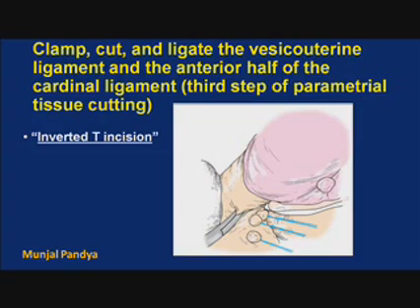An inverted T incision can be kept, which is also known as the modified Richardson technique, where the bladder fascia is further pushed down and the next clamp can be applied intrafascially. The vesico-uterine ligament and anterior part of the cardinal ligament are clamped, cut and ligated, and the ligature can be tied with the ligature of the uterosacral ligament.